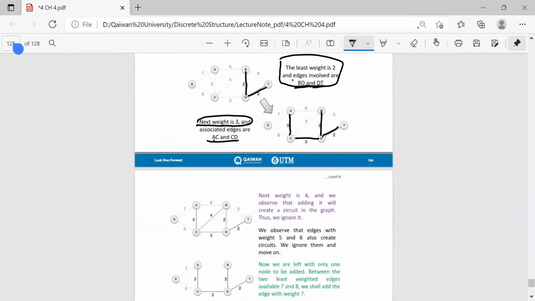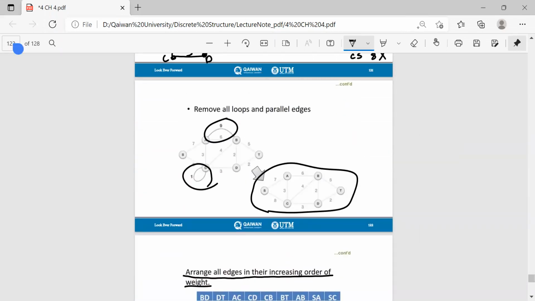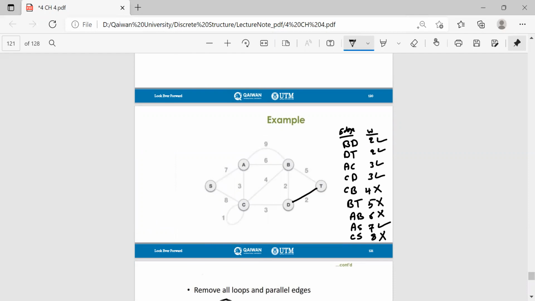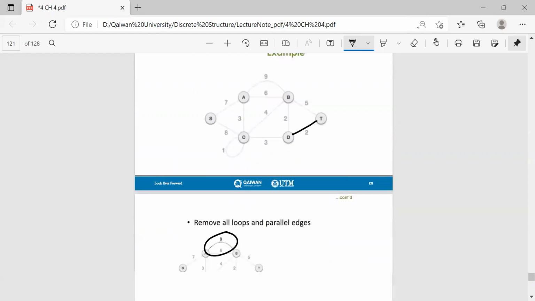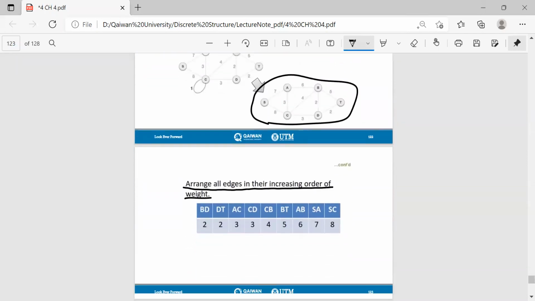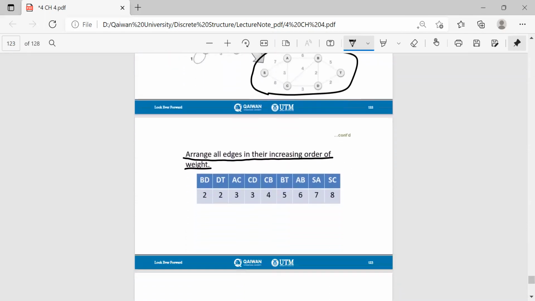That's it. You should do it step by step as it's done here. First, we remove the loops and parallel edges, and we keep the minimum weight edge among the parallel edges.